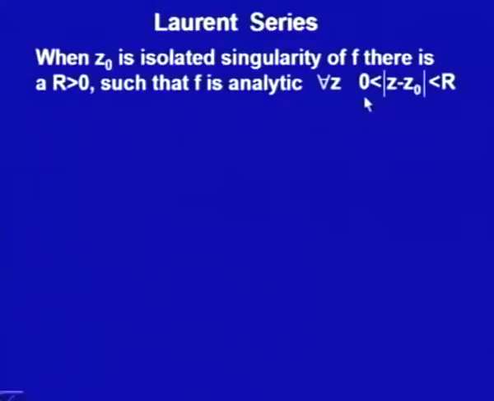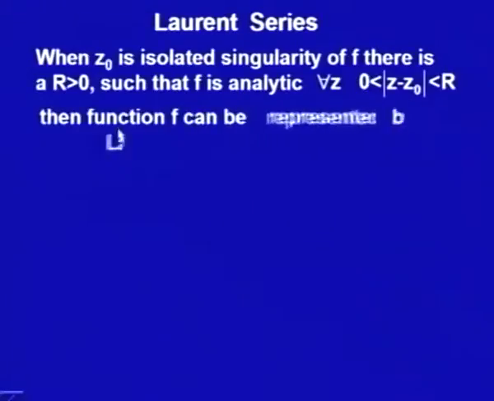Let us see what this is. You can recognize very easily, it is a disk, with the center z naught removed. This is a circle centered at z naught with radius r, and z naught is out of this one. So, it is a disk. We do know that in such a disk, if the function is analytic, then the function can be represented by the Laurent series. This you had already done.